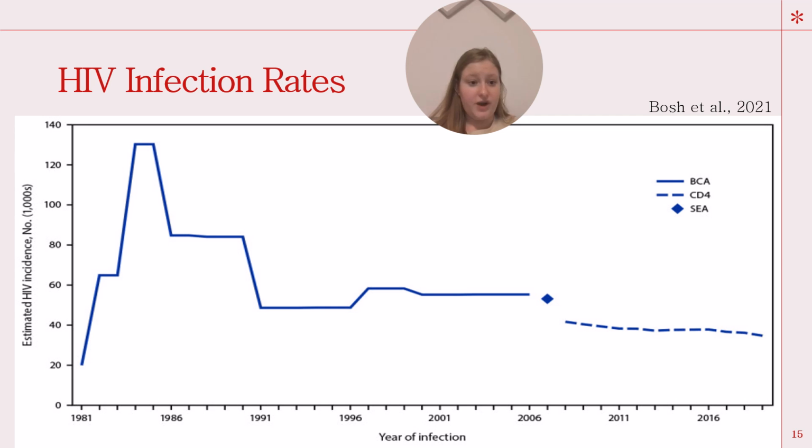I also wanted to show how high the infection rate was in 1985. And I just wanted to show on a larger scale just how significantly it raised and how significantly it dropped through those years that we're looking at compared to every other year.